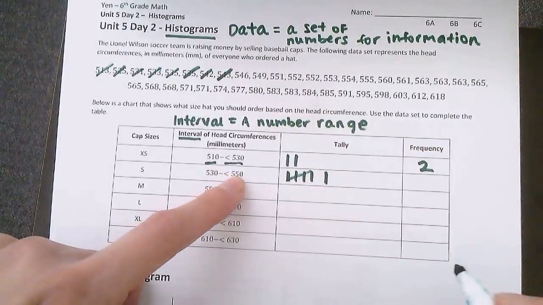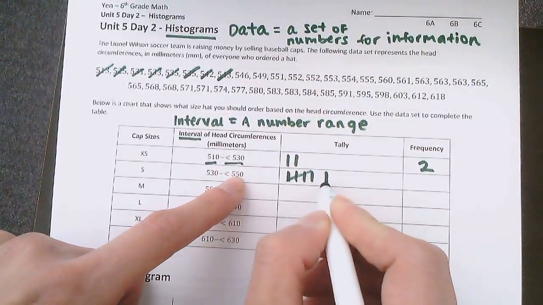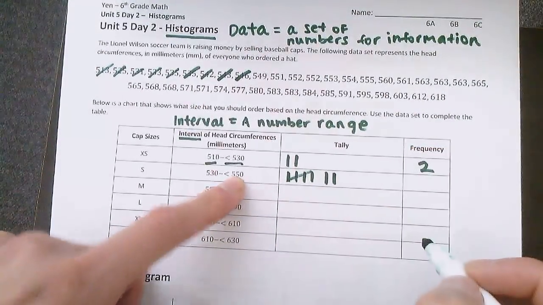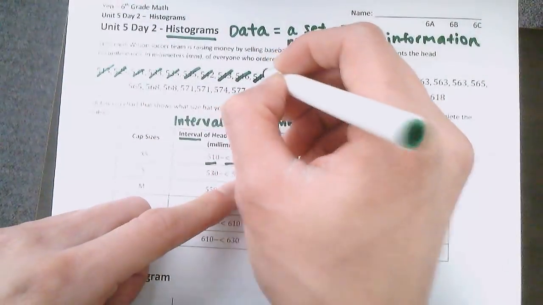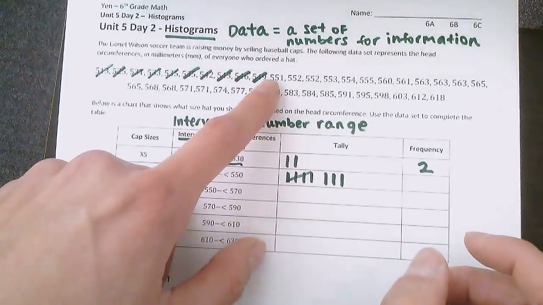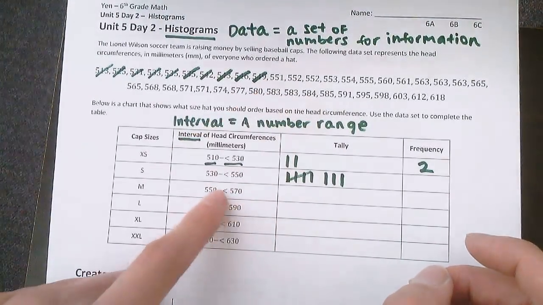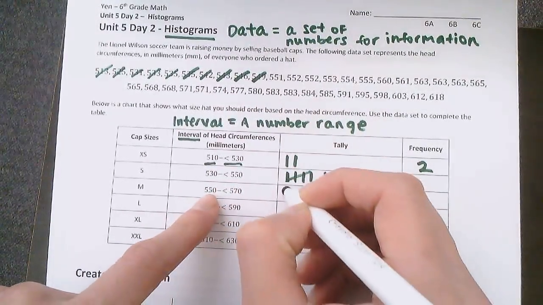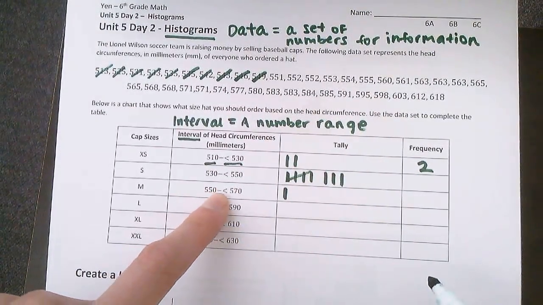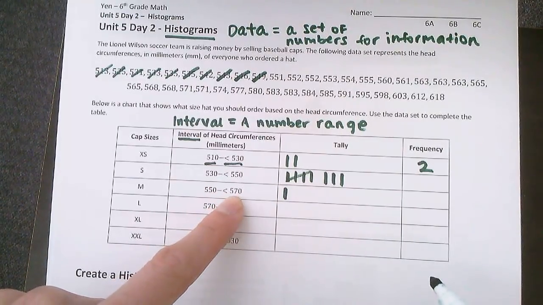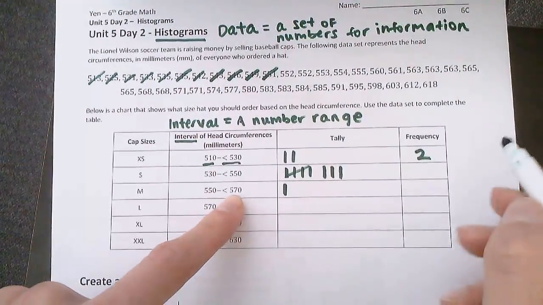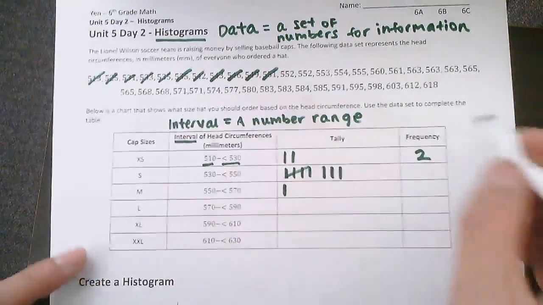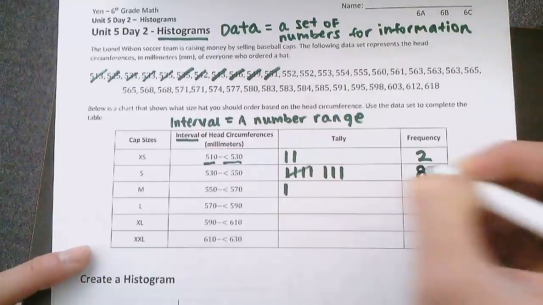So everything less than 550 is going to go in this range right here. 546, okay. 549, yep. And then 551. 551 is not less than 550, so that's going to go in this range, which is 550 to everything less than 570. And now there's 5 here, and then another 3 here, so 8 tallies total for smalls.